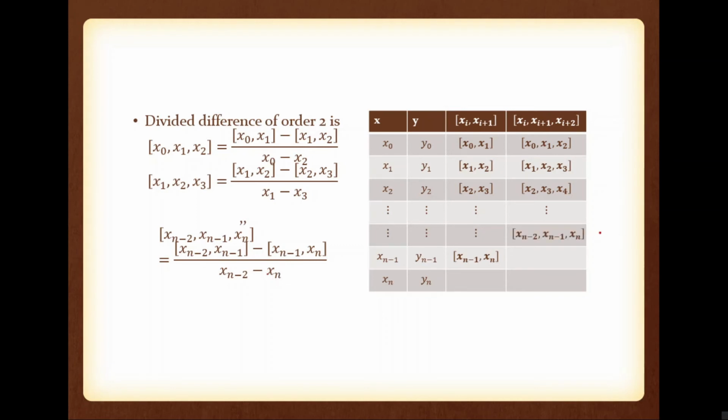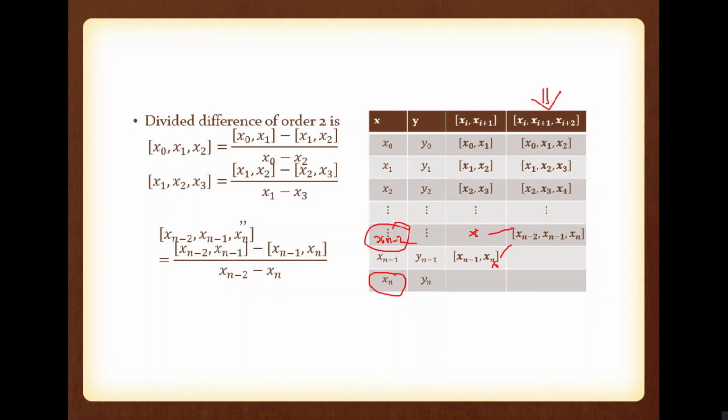This one is a position corresponding to xn minus 2. And how are we finding this one? This one minus this one, divided by this element minus the second next element, that is xn. So please note, [xn minus 2, xn minus 1] is this element minus [xn minus 1, xn] is this element, and the denominator is xn minus 2 minus the second next element, that is xn. So this is the last element of second order divided difference.